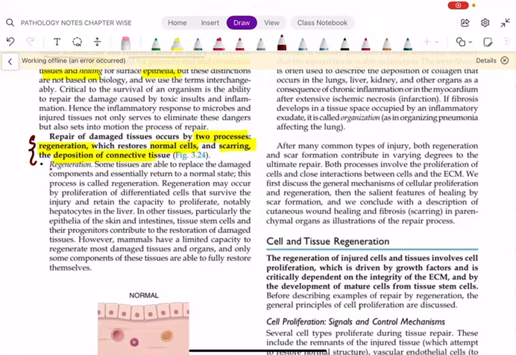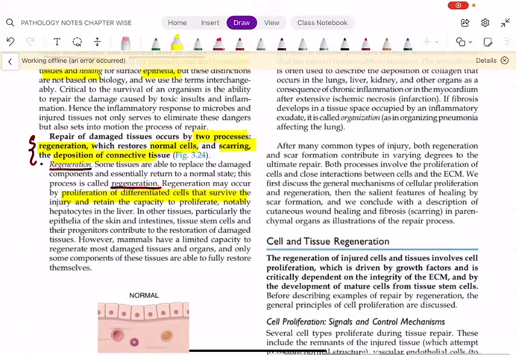Let us see first what is regeneration. Some cells in our body have the capacity to return to a normal state by replacing the damaged cells with a new set of cells. We call this process regeneration. Regeneration occurs as a result of proliferation of differentiated cells.